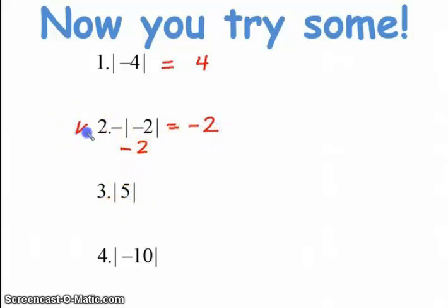Please be very careful with this one. And number 3, absolute value of 5, of course, is 5. 5 is 5 units away from 0. And absolute value of -10, that will be +10, because -10 is 10 units away from 0. It just means it's away on the negative side.